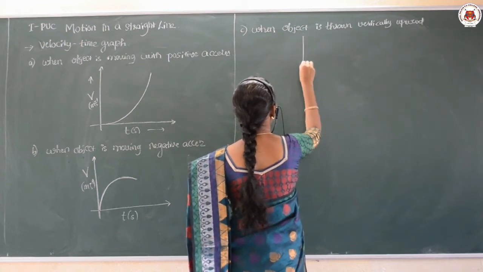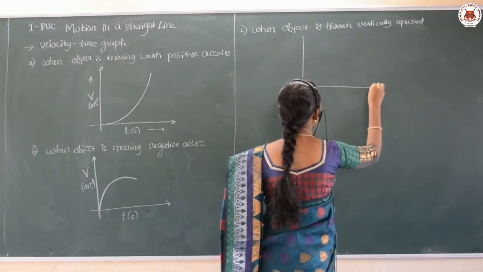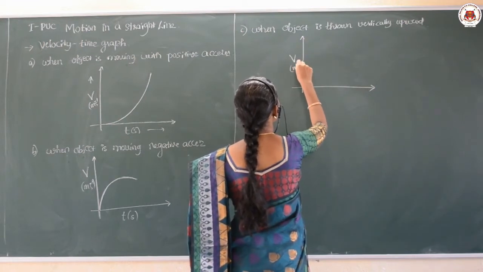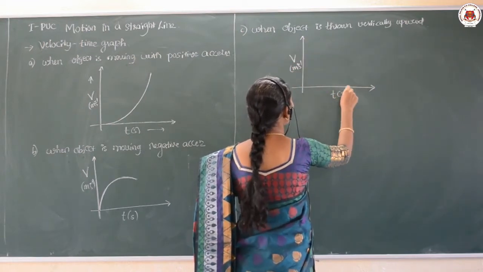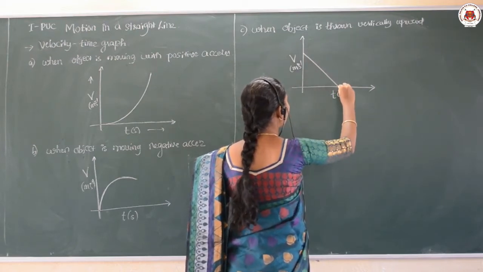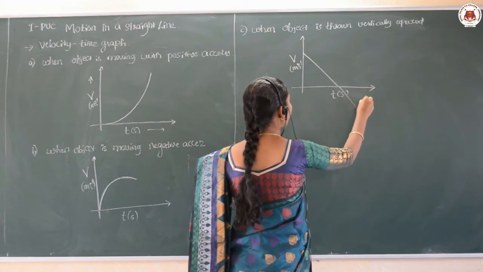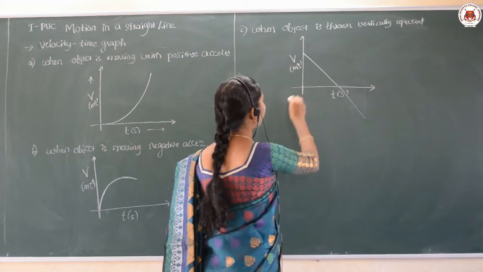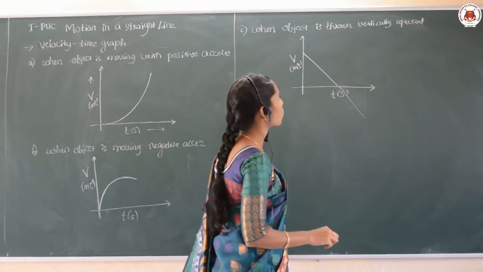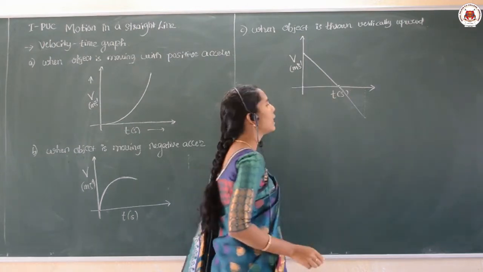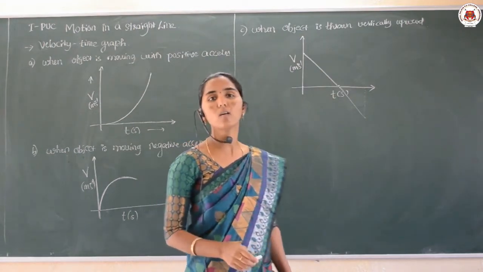The VT graph can be given in this format. So this is the VT graph when an object is thrown vertically, where the velocity goes on decreasing and at the highest point it attains zero velocity.